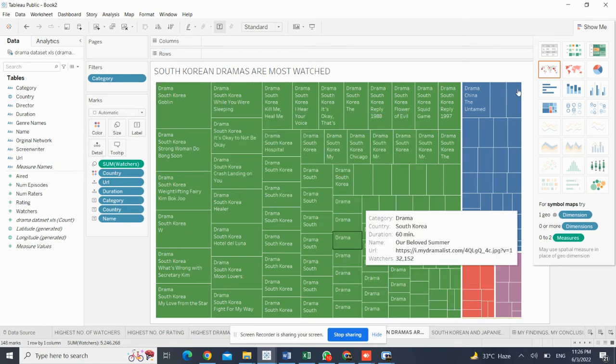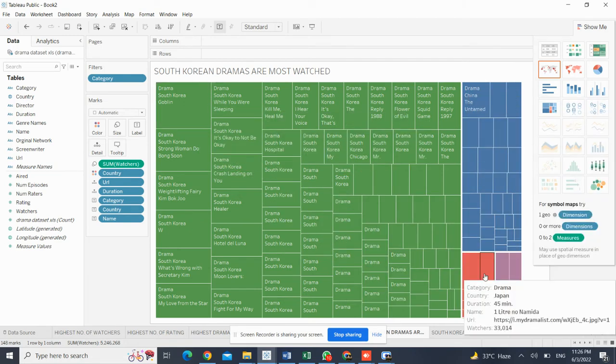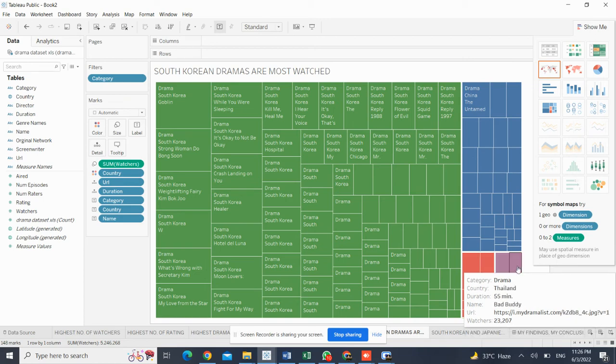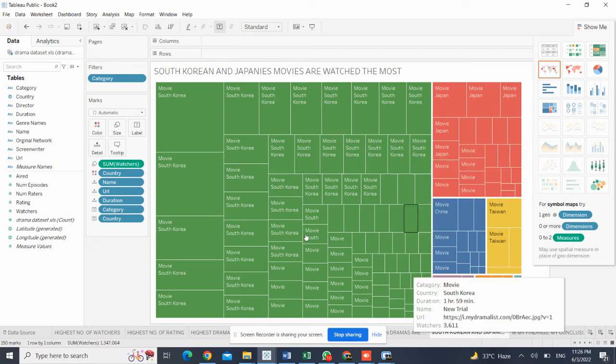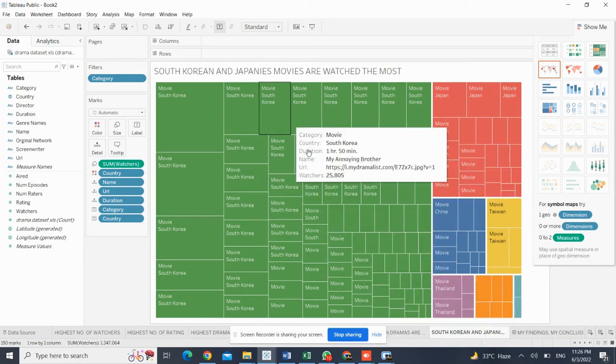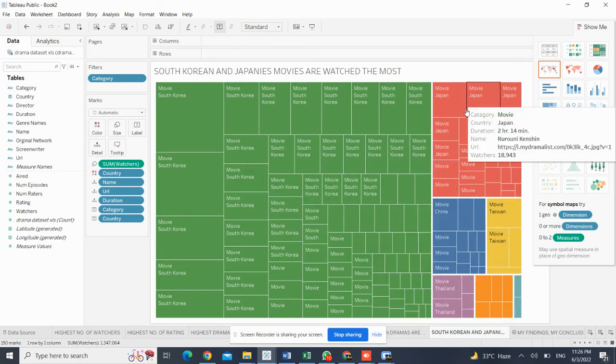Then come Chinese dramas, then Japanese dramas, then Thai dramas. I did the same with movies. The color shows that South Korean movies are watched the most. The second highest number of watchers are for Japanese movies.